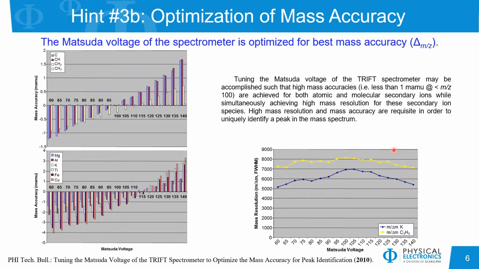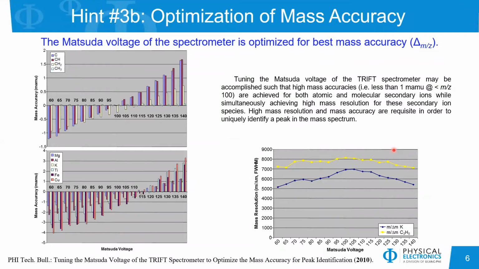Conversely, if you calibrate your mass spectrum using inorganic ions, then the organic ion peak assignments can become more difficult. And this has all to do with those differences in energy spread.